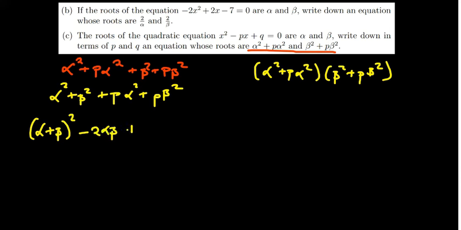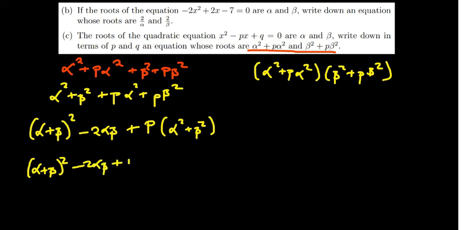And then this other part, we can factor out the p, so that remain with alpha squared plus beta squared. Now, equally that can also be expressed in the other form. So I have alpha plus beta as well, squared minus 2 alpha beta. Now these are all being multiplied by the p, which is outside.